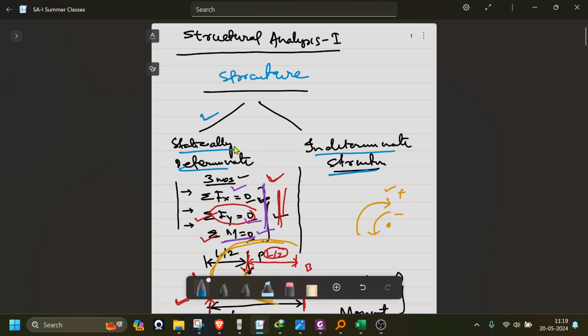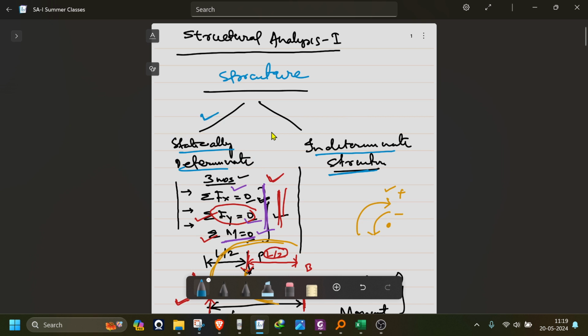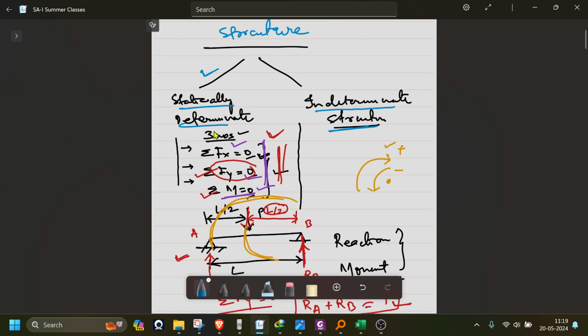Okay? So what are those structures which are called statically determinate structures? Those structures which we can solve using the three equations of equilibrium, that is summation of Fx equals 0, summation of Fy equals 0 and summation of M equals 0. Those we call statically determinate structures.